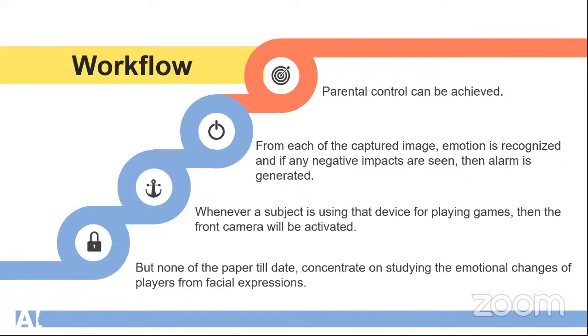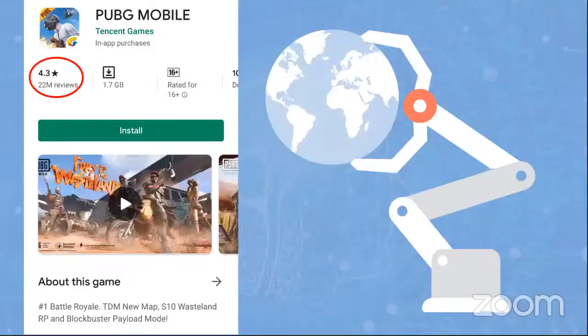The subjects will be playing video games, and while playing, the front camera will take the images. After that, certain alarms will be generated. What type of alarms can we give?